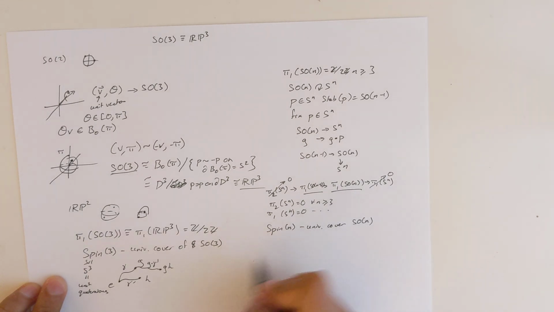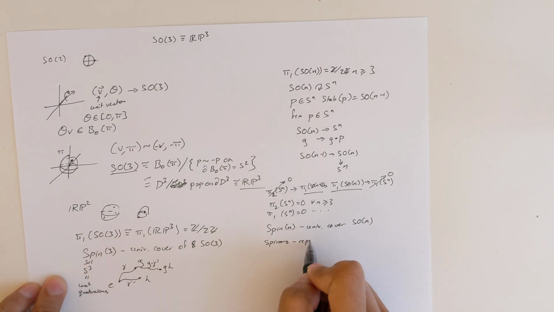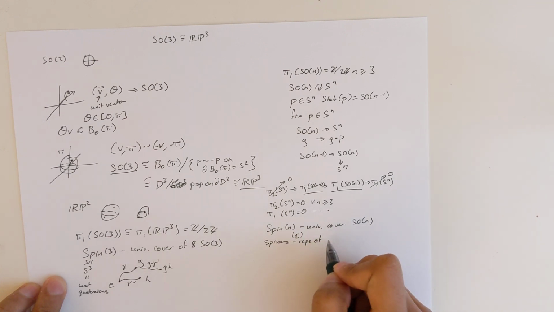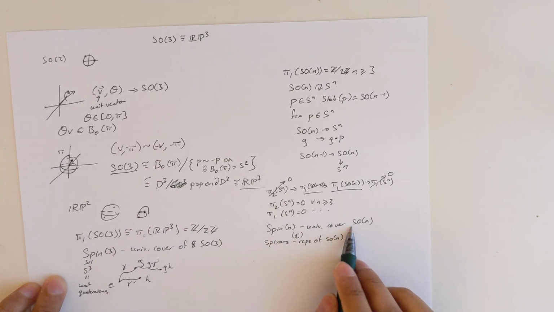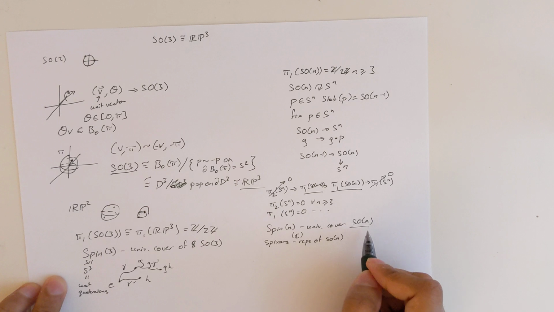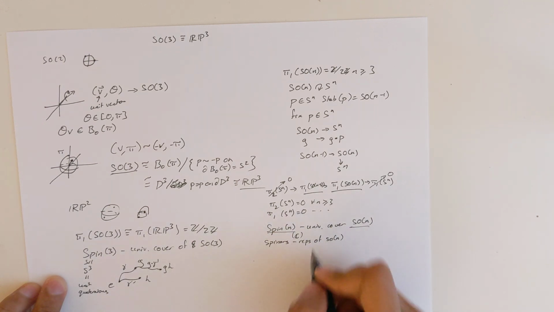So in physics, you have something called spinors, which are complex representations of the Lie algebra so(n). And this doesn't correspond to the Lie group SO(n) because this is not simply connected, but Spin(n) is simply connected. So it corresponds in one-to-one correspondence to the representations of the Lie group Spin(n).